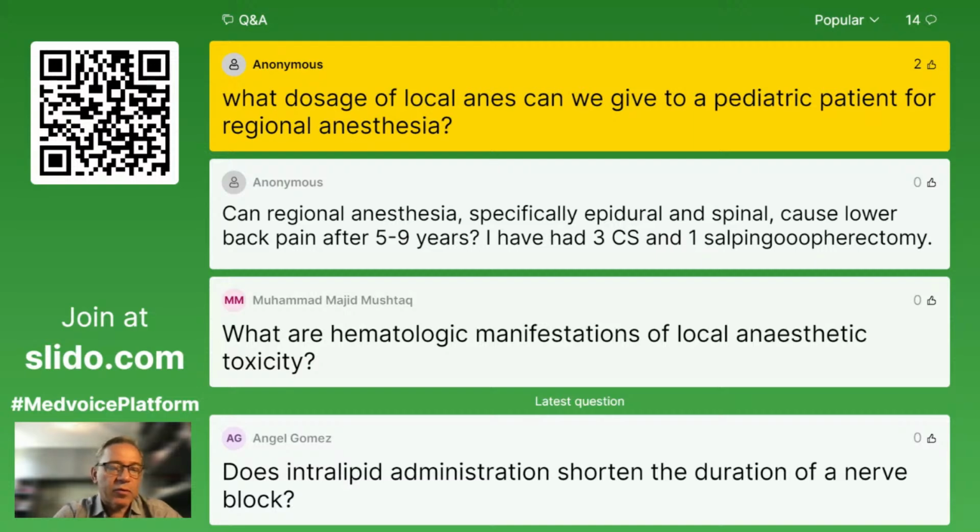For example, for bupivacaine, the maximum dose is 2 milligrams per kilogram. For lidocaine, it depends. It's 3 milligrams per kilogram without adrenaline, and up to 7 milligrams with adrenaline for regional anesthesia. And again, it depends which regional anesthesia we're using.